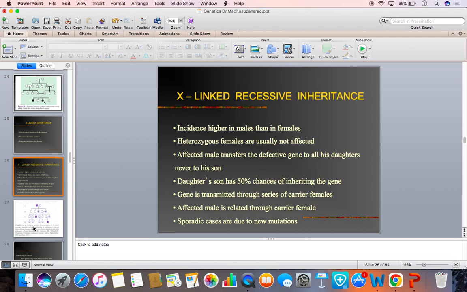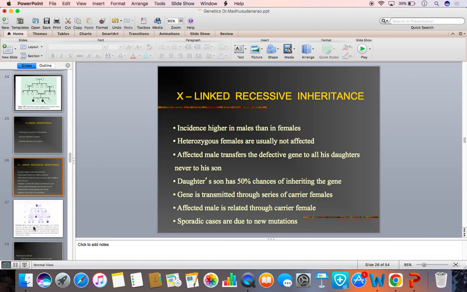When this becomes defective, the disease manifests. So in X-linked recessive inheritance, incidence is higher in males than in females. Females are compensated by the normal gene, whereas the boys have one X chromosome with one abnormal gene, that becomes manifest.